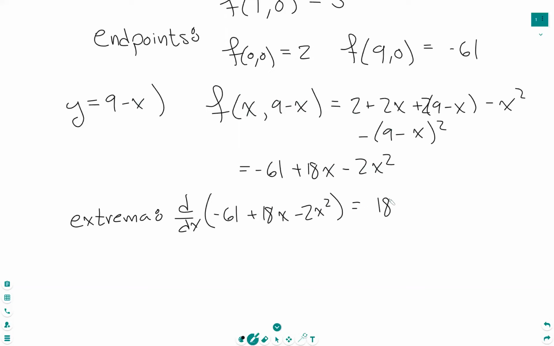We end up with 18 minus 4x. We need this to be equal to 0. This means that x is equal to 9/2. And we have to plug this back into our relationship up here to find what y is at that point. So we plug that in, and we get that y is also equal to 9/2.